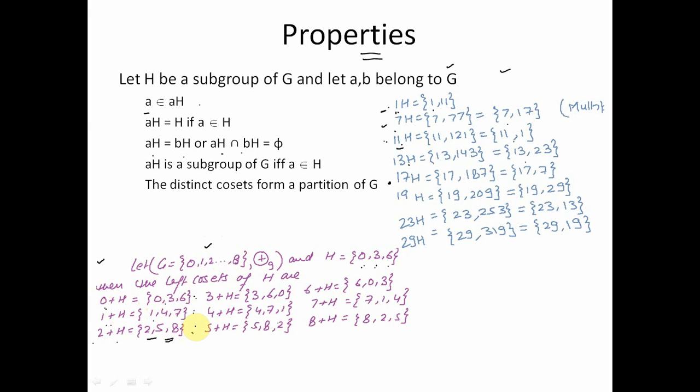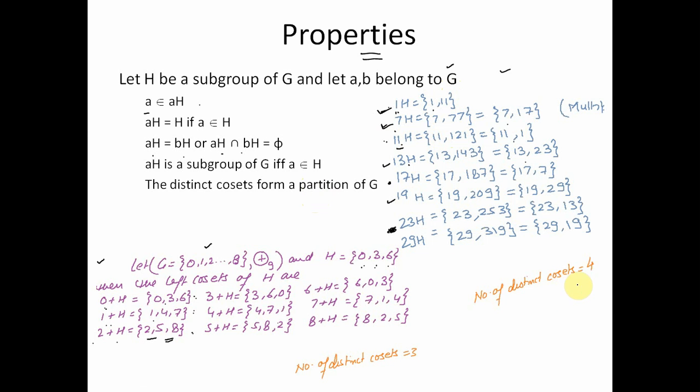Similarly, what are the unique cosets over here? 1H, 7H, 13H and 19H. If I take the elements from here and take the union, I'll get the original set back. So all the properties are verified.